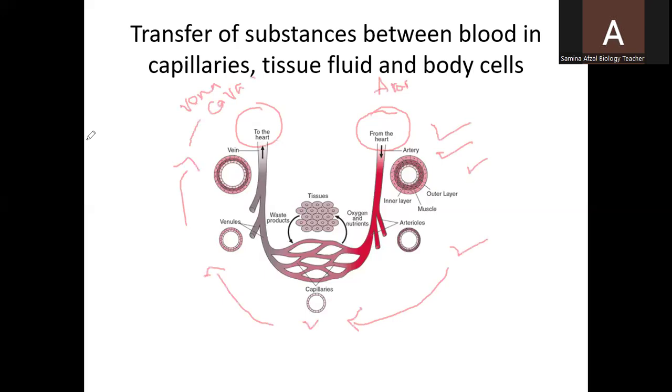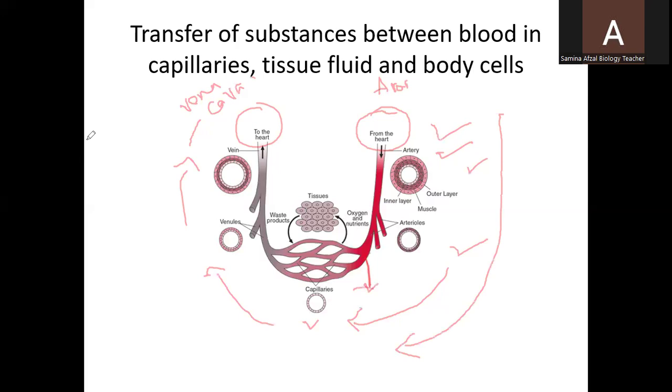That is, on this side, the direction of the flow of the blood will be in this direction. And here in the arteries, you can see the blood pressure will be very high because the walls of the arteries are highly muscular. So when the blood enters from the arteries to the arterioles and then into the capillaries, there are small pores in the wall of the capillaries.